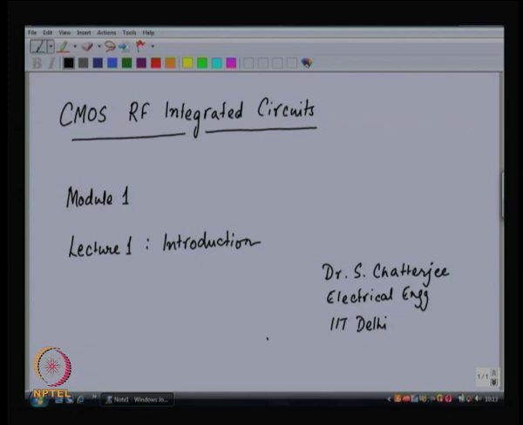So, we are going to be dealing with integrated circuits number 1 for radio frequencies, and secondly we are going to be making sure that all of these integrated circuits are for CMOS technologies, that is complementary metal oxide semiconductor devices will be there all over the place. So, this is the basic understanding of the course. Number 1 is CMOS integrated circuits, and then of course, its radio frequencies.